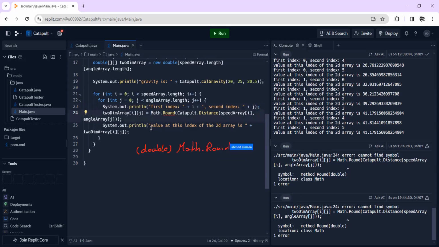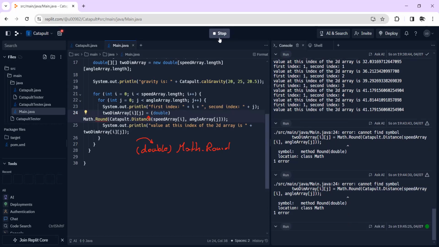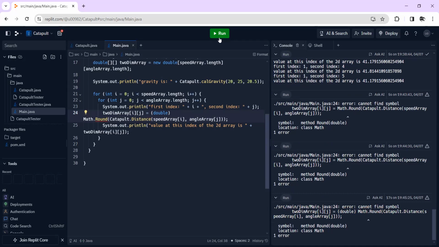So you cast it to double here. Still cannot find it.